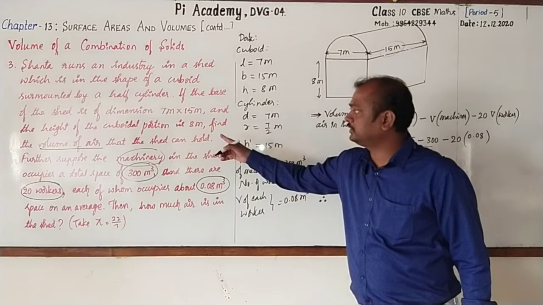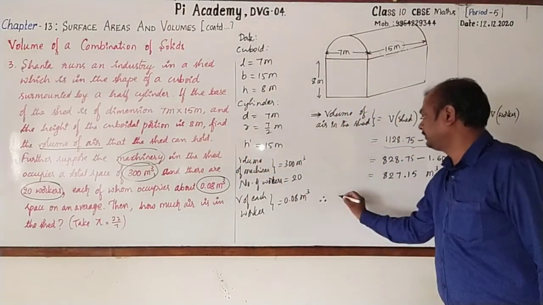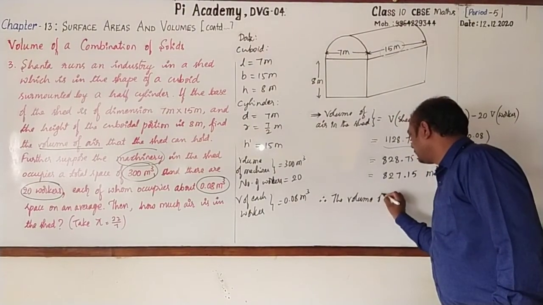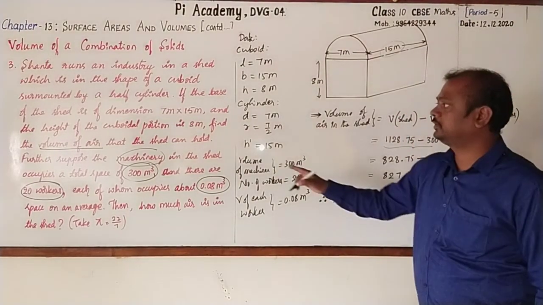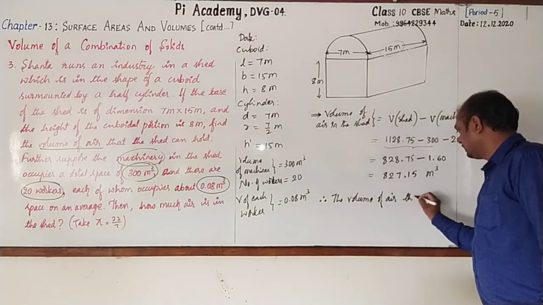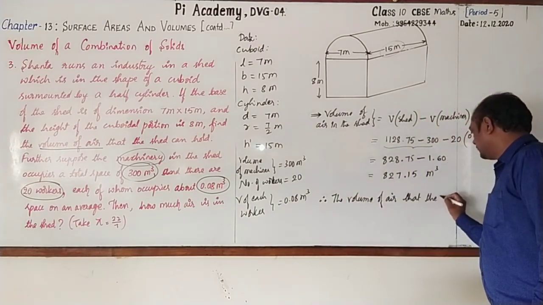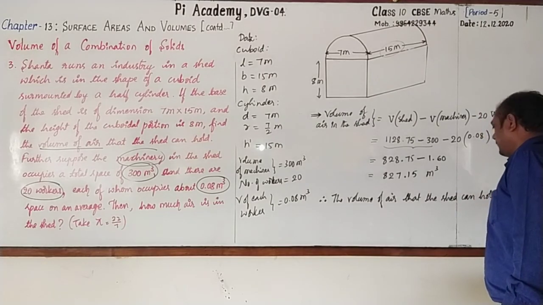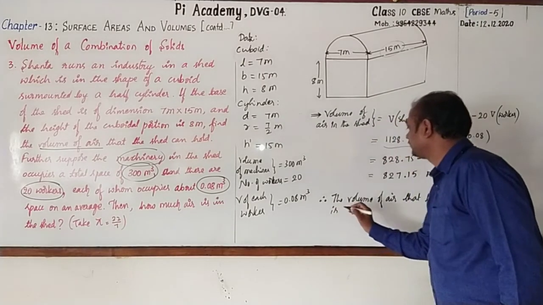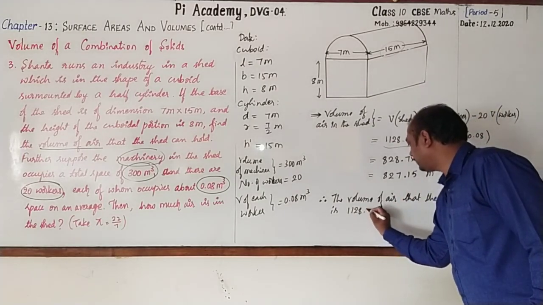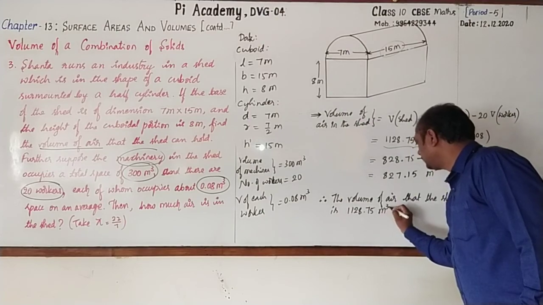Now, let's go for writing the conclusion. Therefore, the volume of air that the shed can hold is how much? It is 1128.75 meter cube.